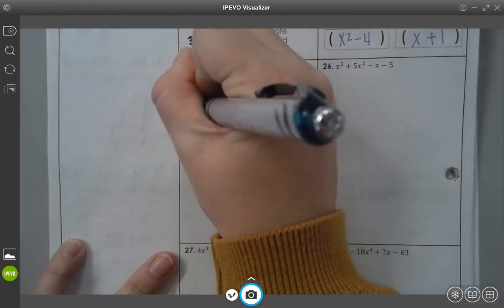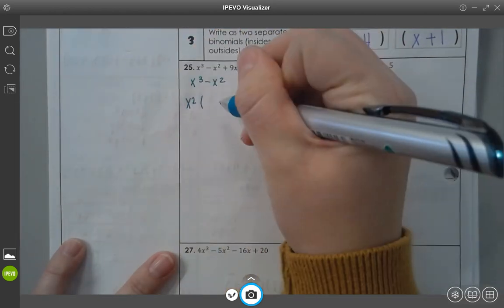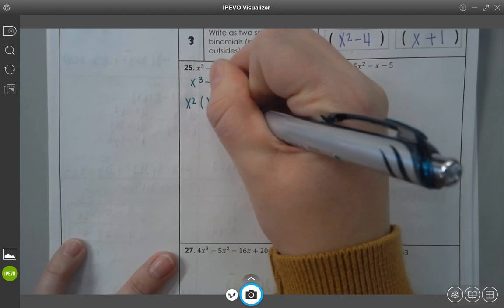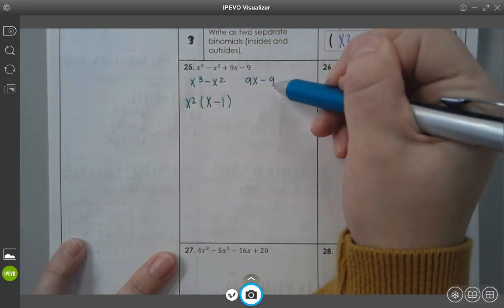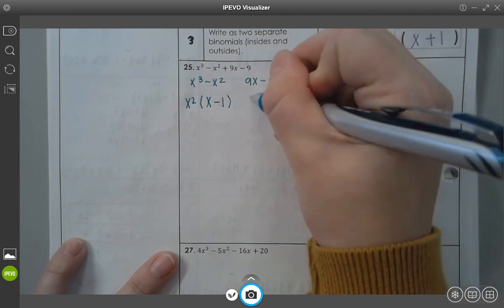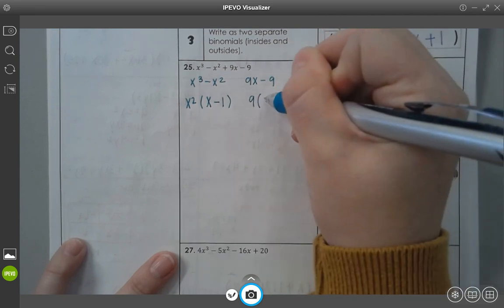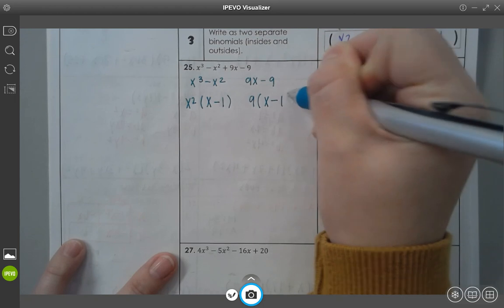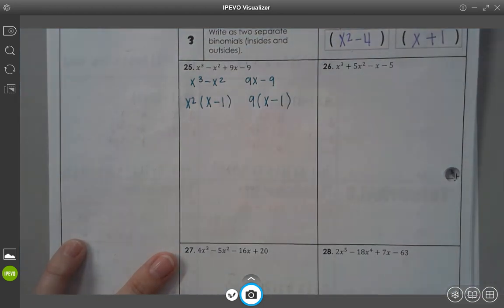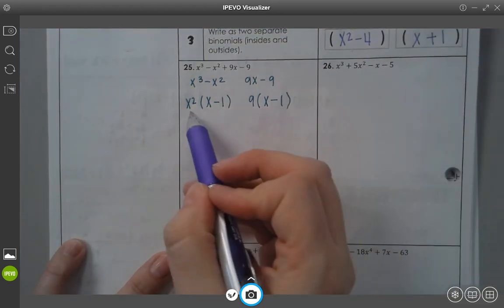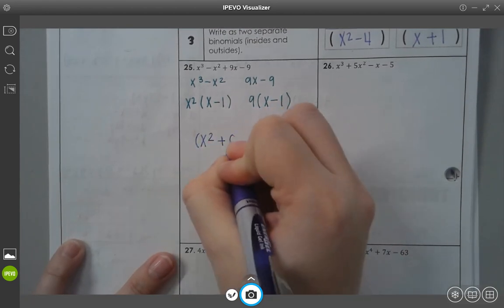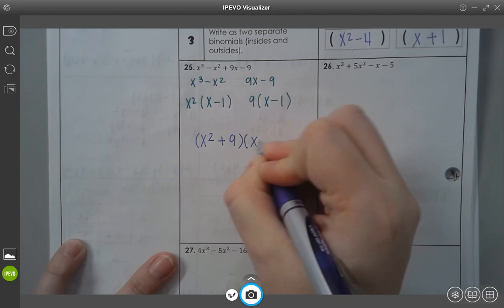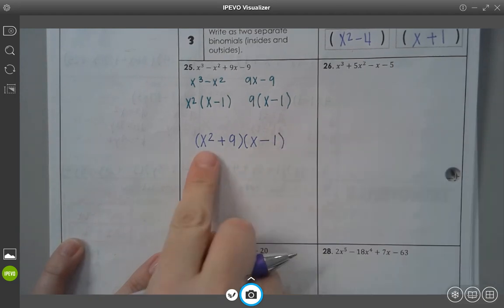X squared. And we get what? X minus 1. And what's the GCF over here? And we're left with what? X minus 1. So then we take our outsides, x squared plus 9 and x minus 1.